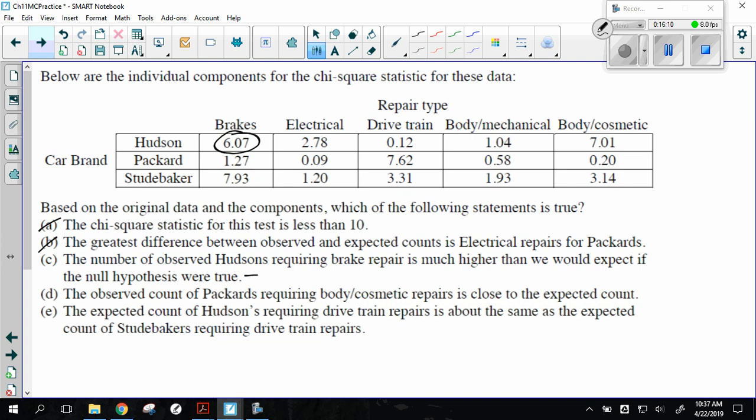D. The observed count of Packards requiring body/cosmetic repairs is close to the expected count. Okay. Packards requiring body cosmetic.